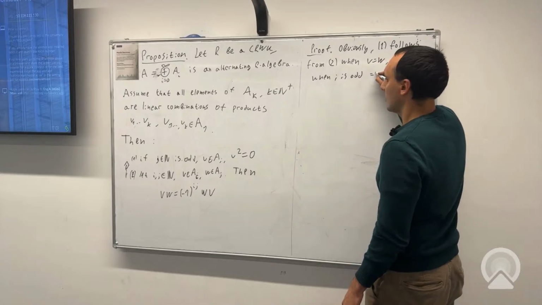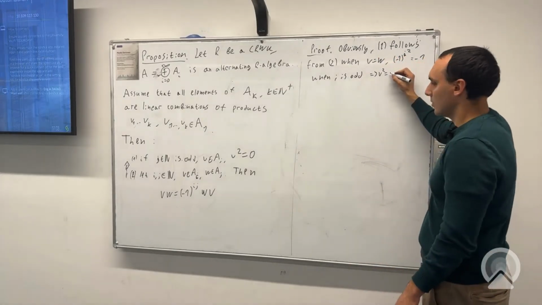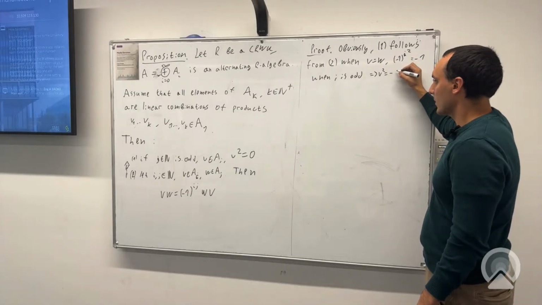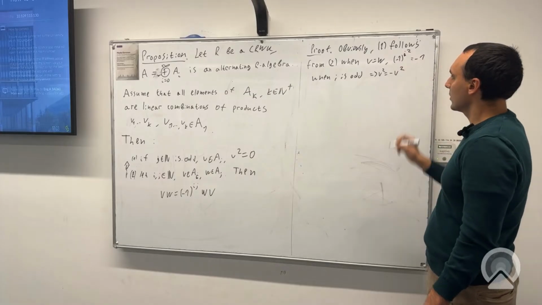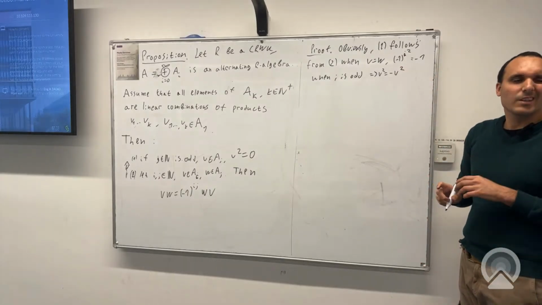And so V squared is minus V squared. Here I assume that 2 is not a divisor of 0.